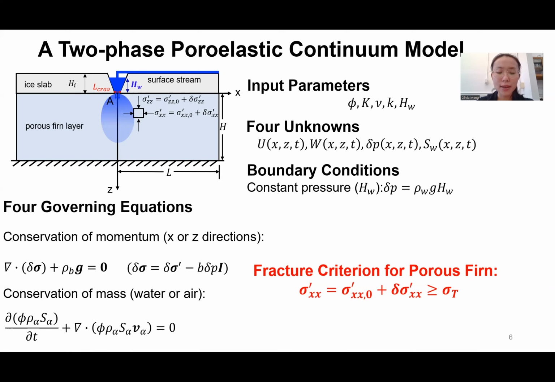To resolve these four unknowns, we have four governing equations in total: two conservation of momentum equations from solid mechanics, and two fluid continuity equations from fluid mechanics for the two phases respectively, which are water and air. After resolving the displacements, we can calculate effective tensile stress and compare with firn's tensile strength to determine whether fracture will propagate or not.